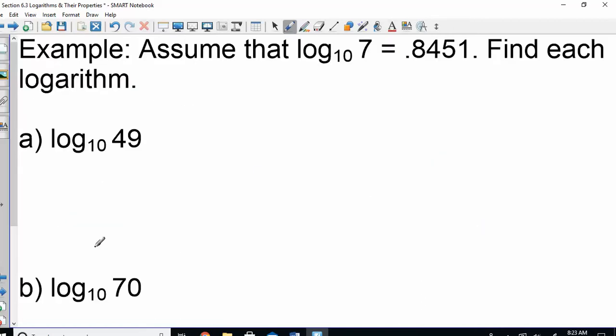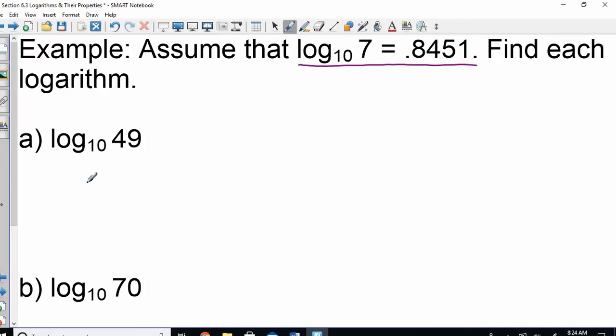Very last example. So you can assume log base 10 of 7 is equal to 0.845. I'm going to use that piece of information to find each of these things. So log base 10 of 49.